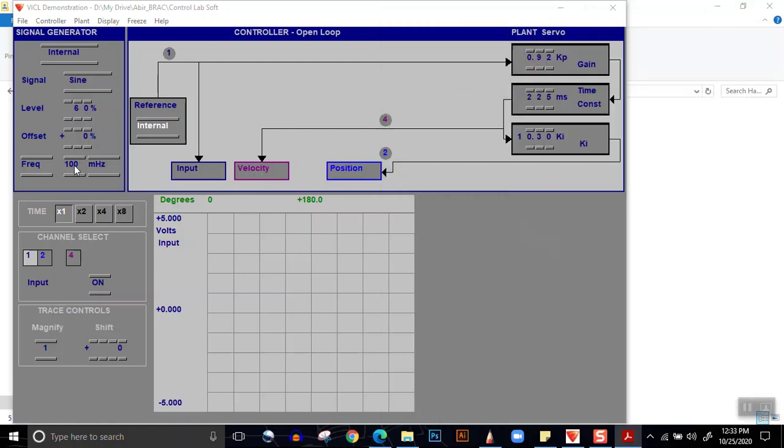Firstly, say this is 100 millihertz. At first we don't see any output. It's a glitch of the software. We have to increase and decrease, changing the frequency one time, and as a result you will see a 100 millihertz sine wave. The x-axis is in degrees now.